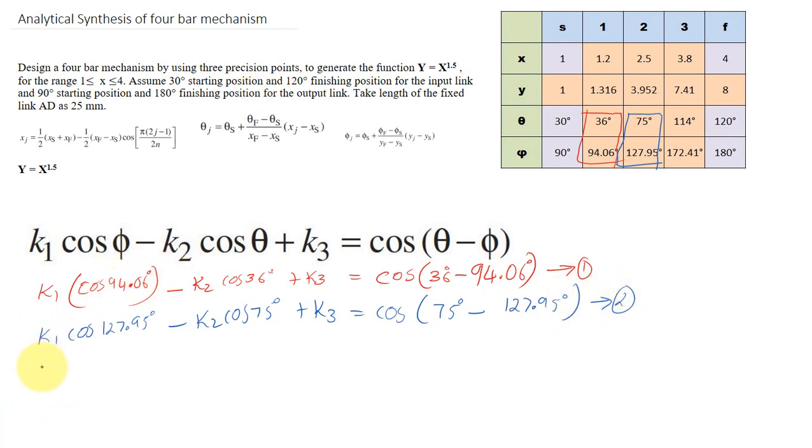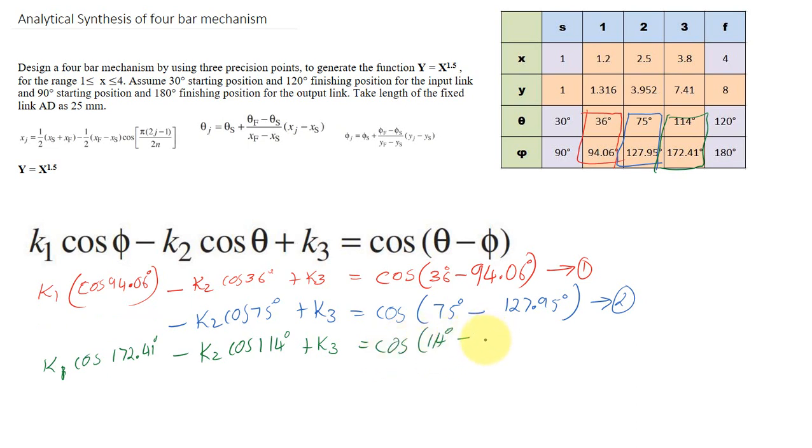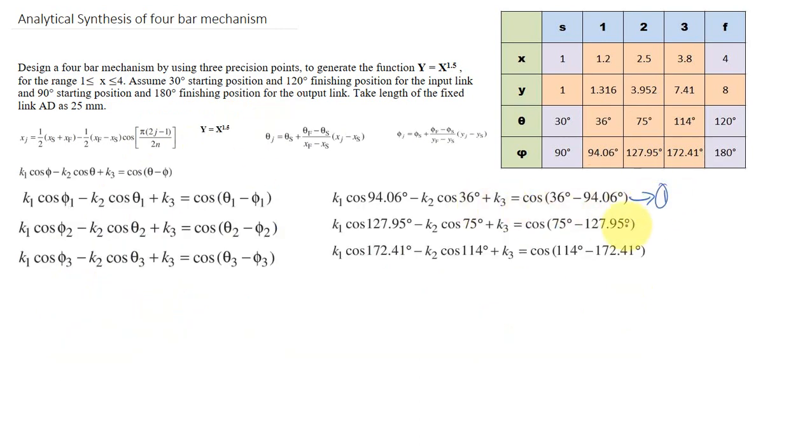The next equation will be k1 cos 172.41 degrees minus k2 cos 114 degrees plus k3 is equal to cos (114 minus 172.41) degrees. So this is your equation 3. These are your three equations.